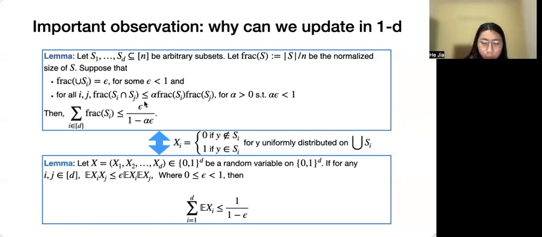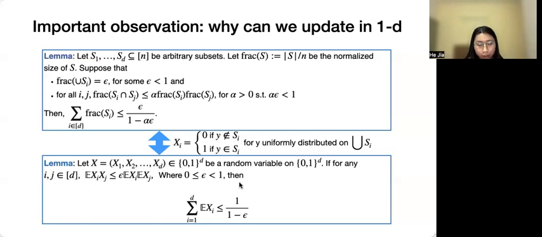In the first lemma, we have the fraction of the intersection bounded by the fraction of Si times the fraction of Sj. And here the expectation of the product is upper bounded by the product of expectations. Suppose we have this condition, then we get the conclusion. Similarly, the sum of the expectations of Xi is upper bounded by 1 over 1 minus epsilon.